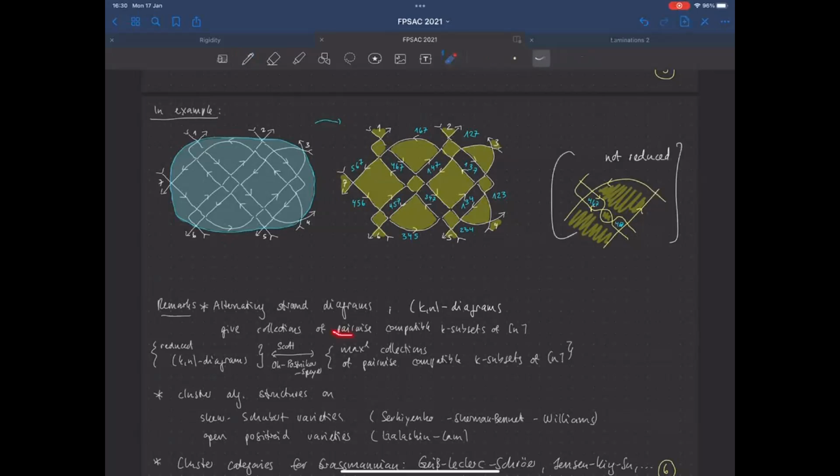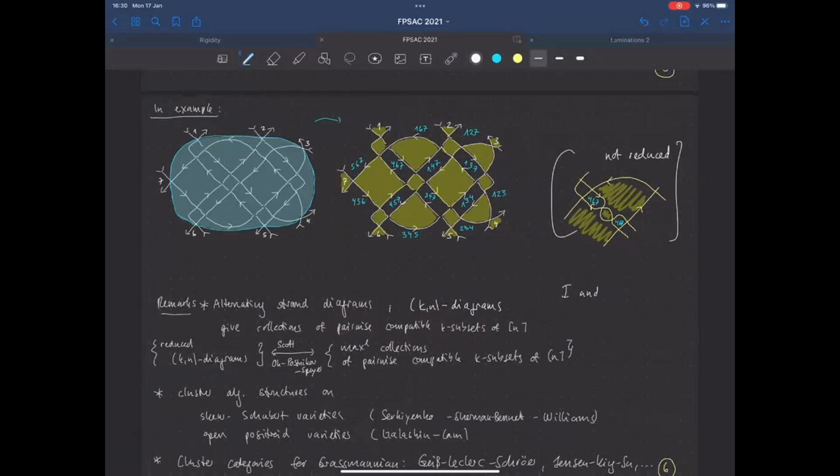So now we have a new notion of compatibility. And when are two sets compatible, or non-crossing? Well, you have to look at I without J and J without I, and then draw them on the disk.